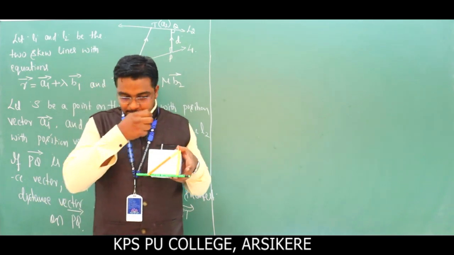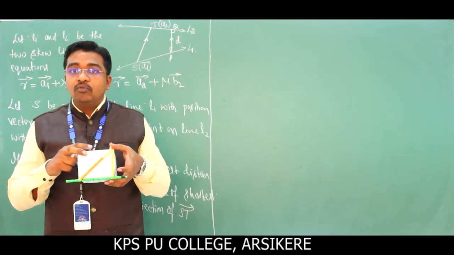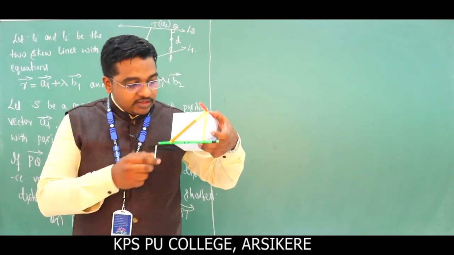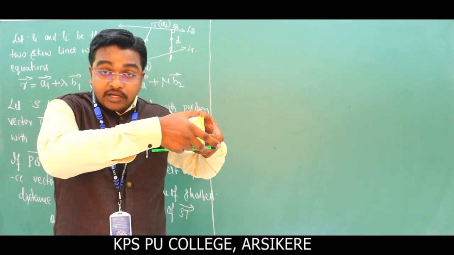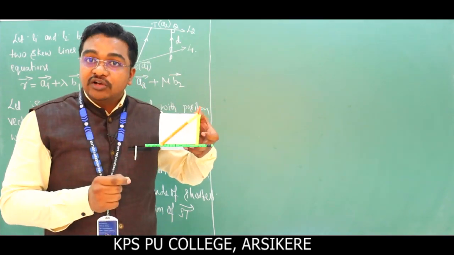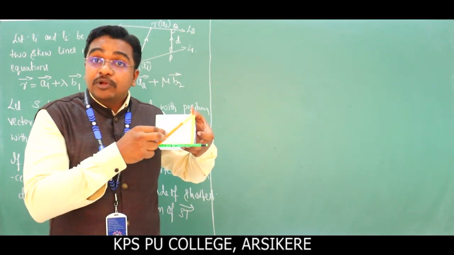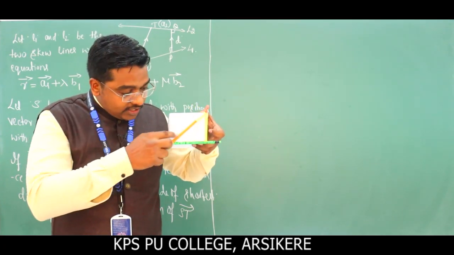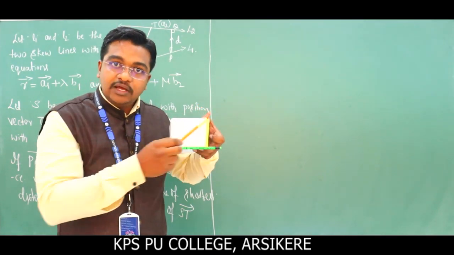This is the line L1 and this is the line L2. This is the vector ST. This is the vector PQ. Then how to find the shortest distance? The shortest distance between these two lines is the projection of vector ST on vector PQ.